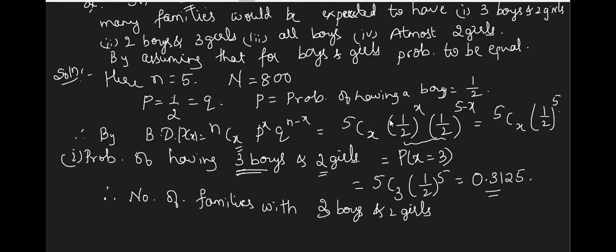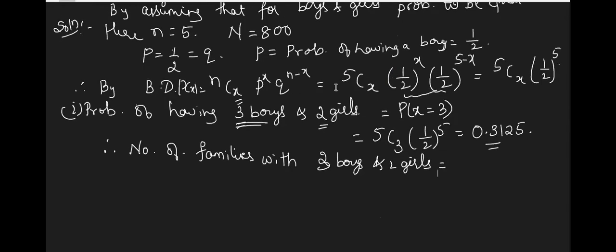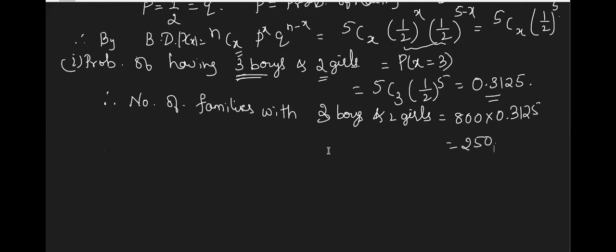They have collected some sample and done some study, and then they are asking us to predict the value. So this is 800 into 0.3125. Such problems are also there. In the question, you should find whether you want the number or the probability. There are 250 families among 800 which roughly we can say have 3 boys and 2 girls.